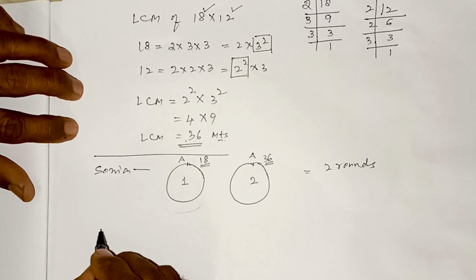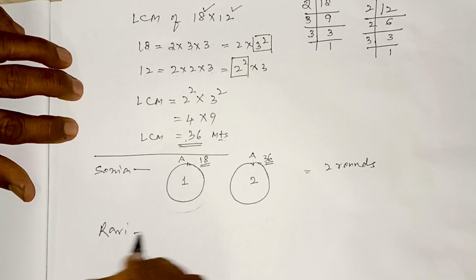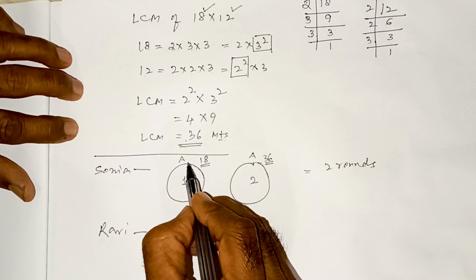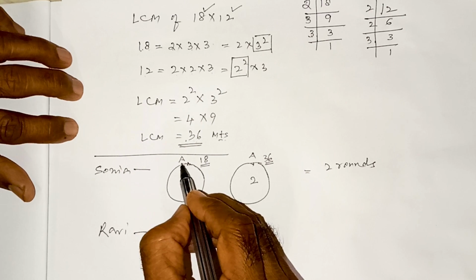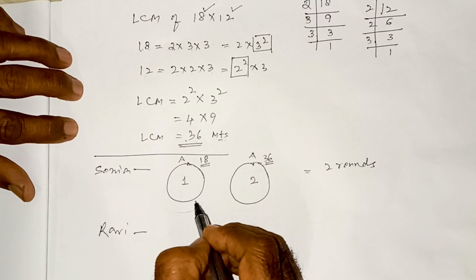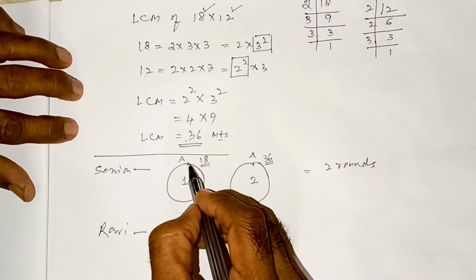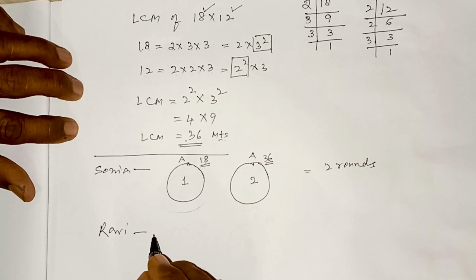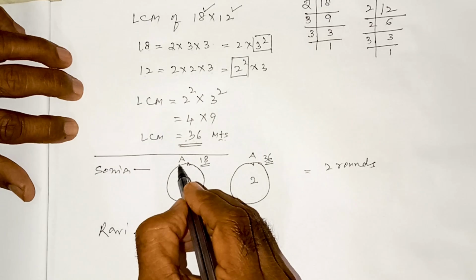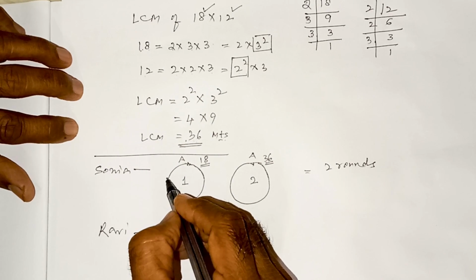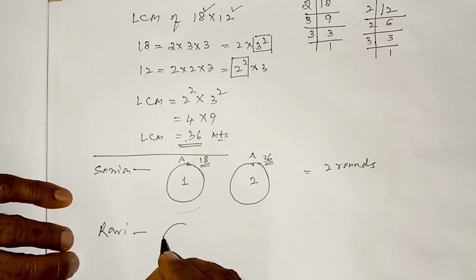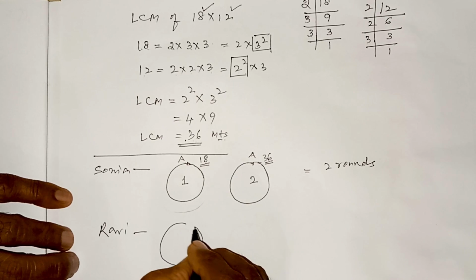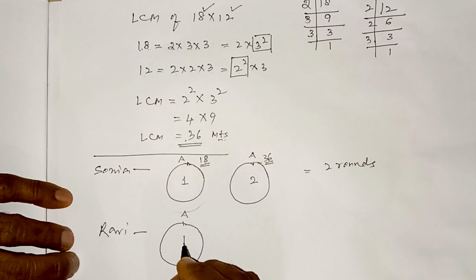Now, when Ravi also starts from A along with Sonia, she is completing a round in 18 minutes, but Ravi has gone further because he has taken only 12 minutes. She has completed 12 minutes and he is further somewhere here. That means he is faster. So let us write down one round of Ravi. He takes 12 minutes for the first round.